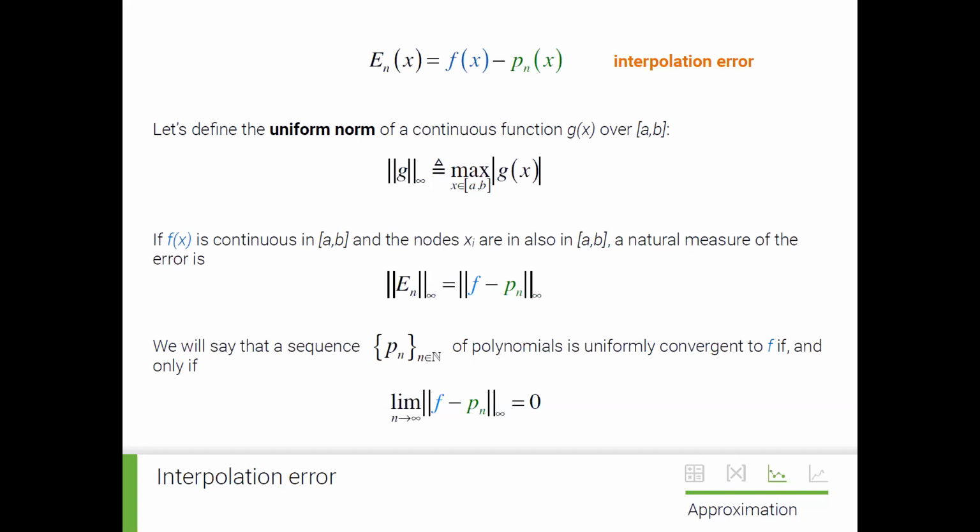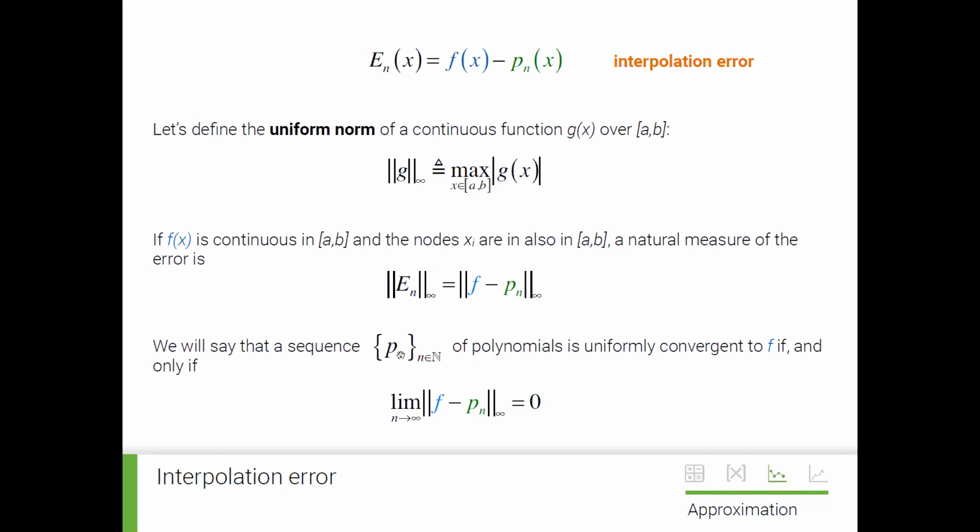If f of x is continuous in the closed interval a, b, and the nodes x_i are also in a, b, the measure of error e_n equals the uniform norm of f minus p_n.